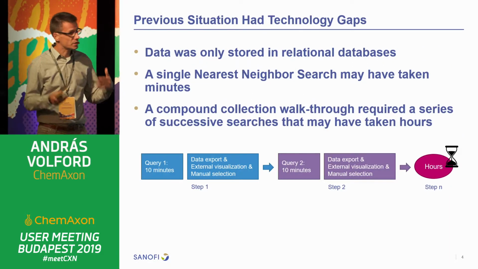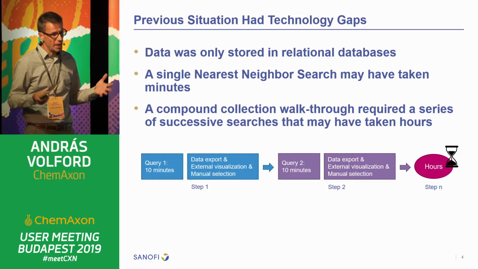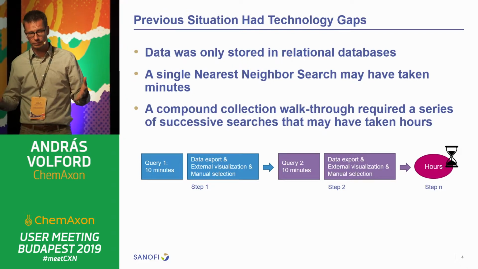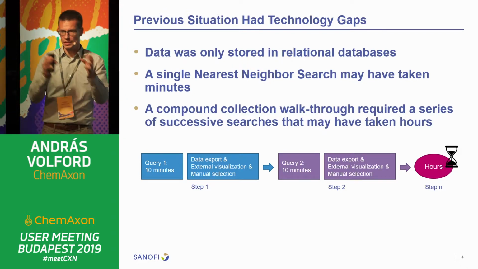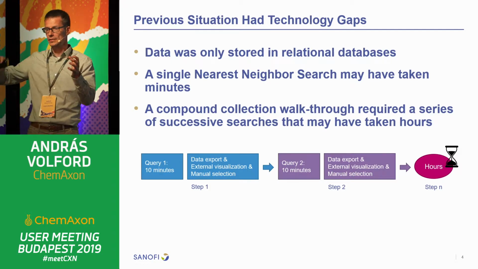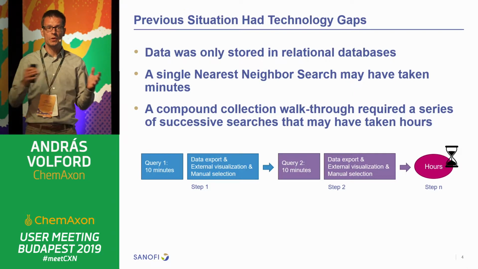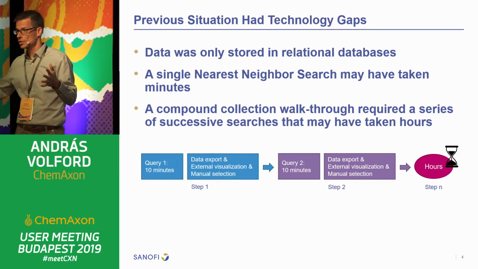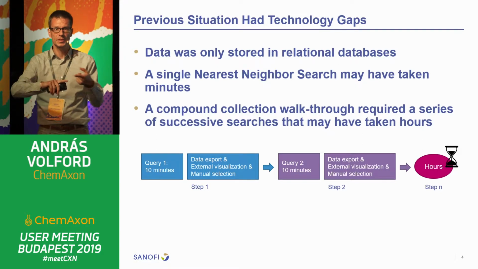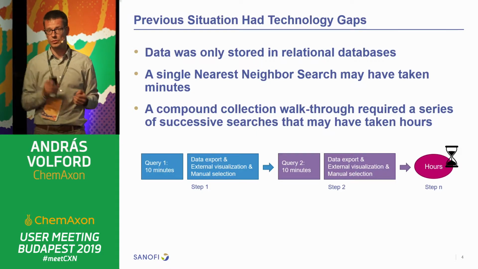What did they do before having this graph database solution? They had a relational database engine, and they did a nearest neighbor search with additional chemical filters, and waited. If you have a chemical filter with additional filters like ADME data, permeability, whatever, and you have to join multiple tables, that could be slow.